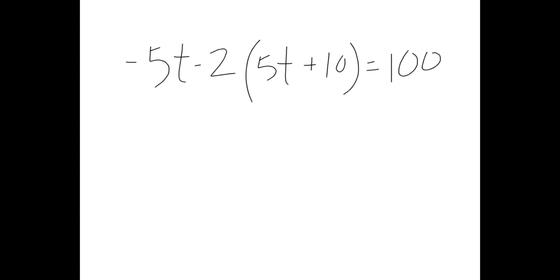It's a takeaway 2 before the parentheses. So remember that's going to be a negative 2 times 5 and then a negative 2 times 10. You need to look at that as a negative. So negative 10t, right? Plus negative 20.